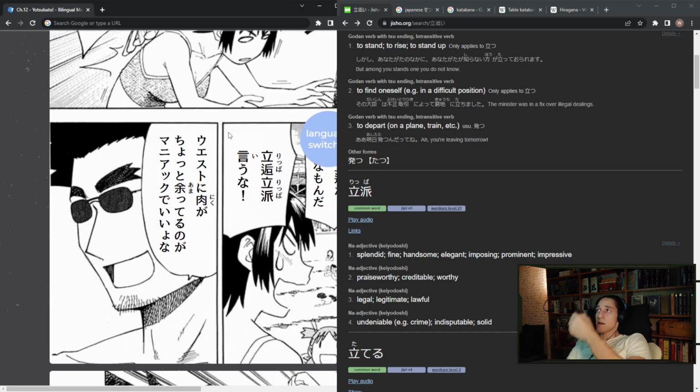Oh, katakana. I hate it. Not hate it, but I'm not so skilled in it. So uesuto?